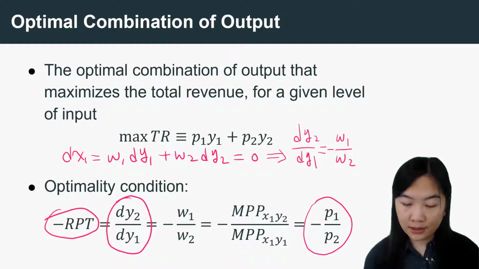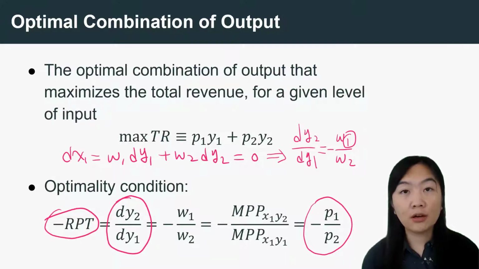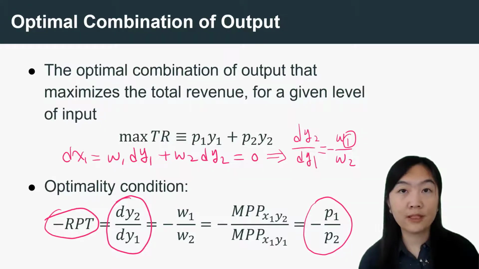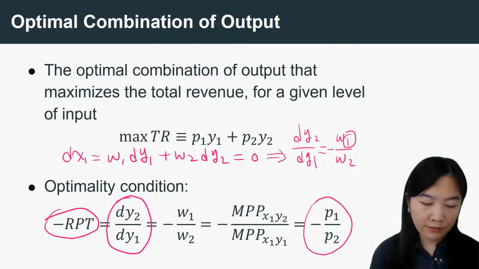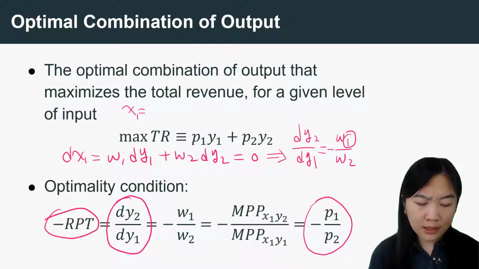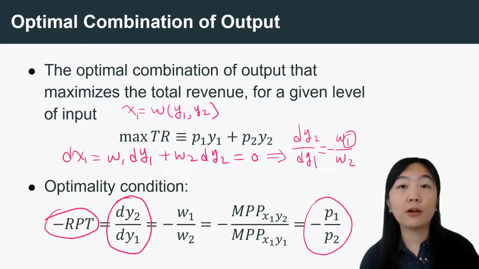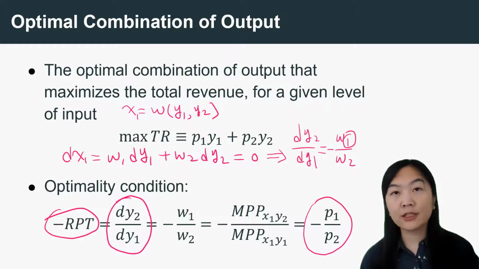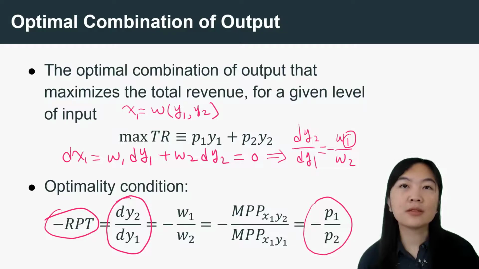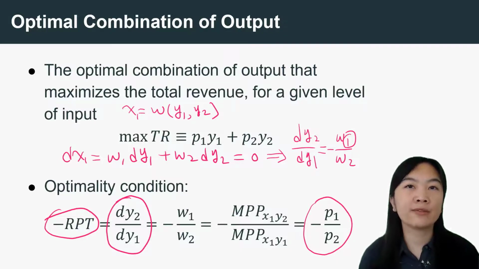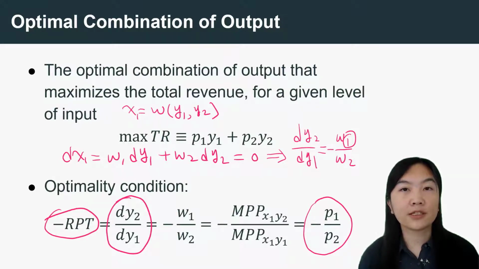Again, the subscript here means it's taking the derivative of the product transformation function, where x1 is written as a function of y1 and y2. The W here means it's a function, similar to the f that we have used for the production function. Here I just use a different letter to denote that this is a function.